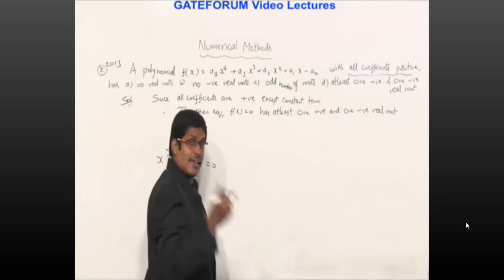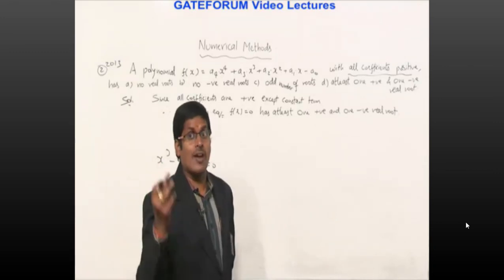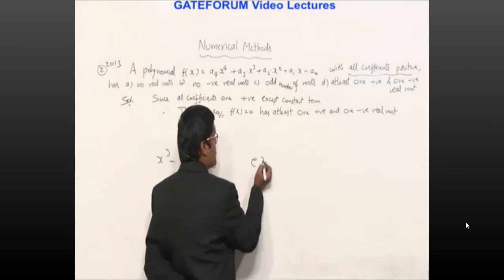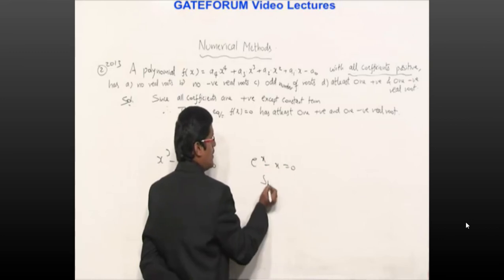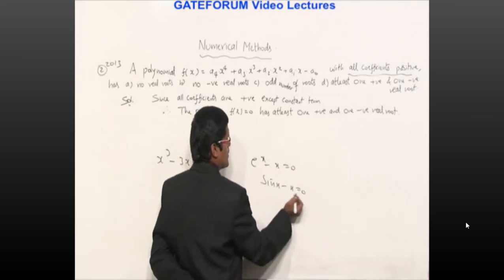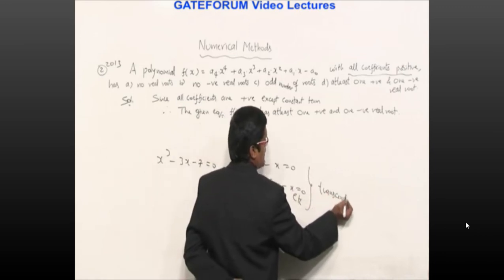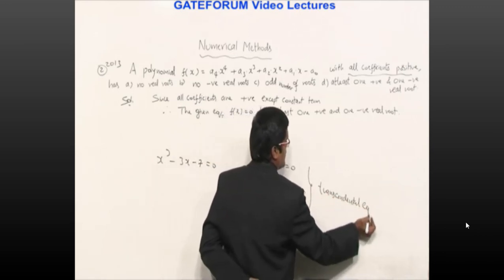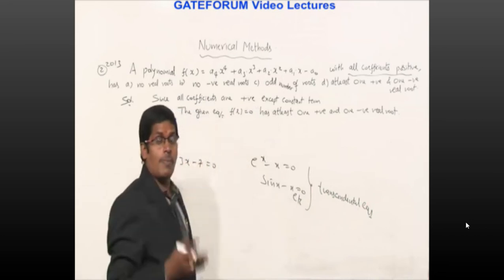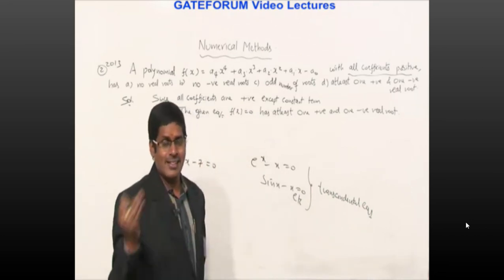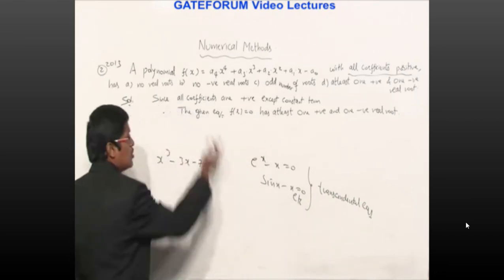Say an equation containing trigonometric terms or exponential logarithms, e to the power minus x equal to 0, sin x minus x equal to 0, etc. So these are called transcendental equations. These equations are very difficult to solve by our childhood classes, 8th, 9th, 10th, 11th, 12th, etc., by numerical methods solely.